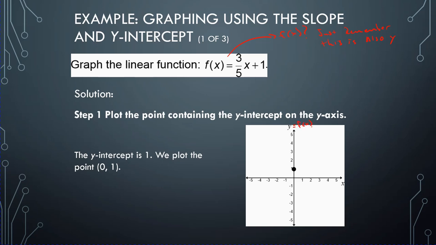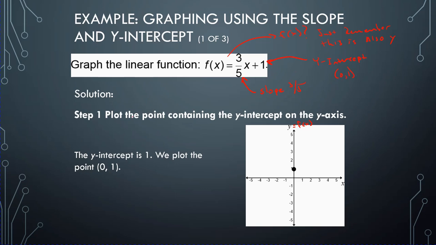So we're saying graph this linear function, this straight line, f of x, which is y is equal to 3/5 x plus 1. This right here is the slope, and this 1 is the y-intercept. That means the y-intercept is the point 0, comma 1.